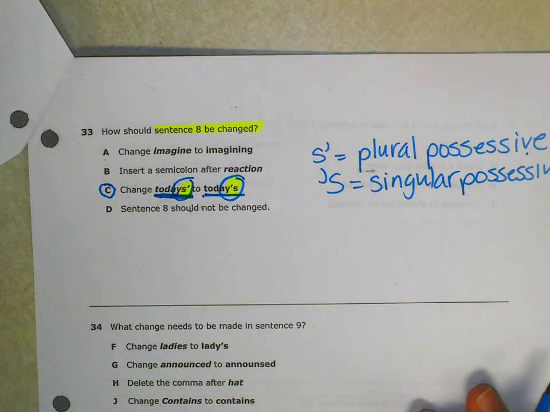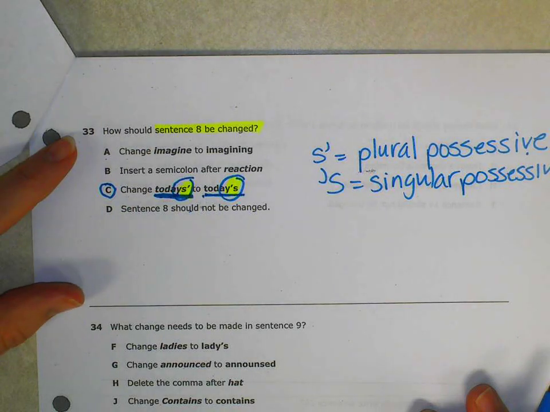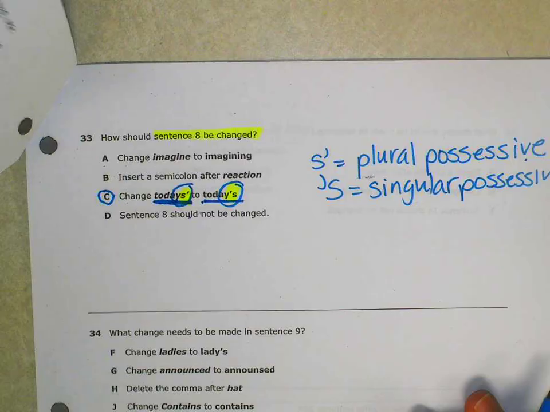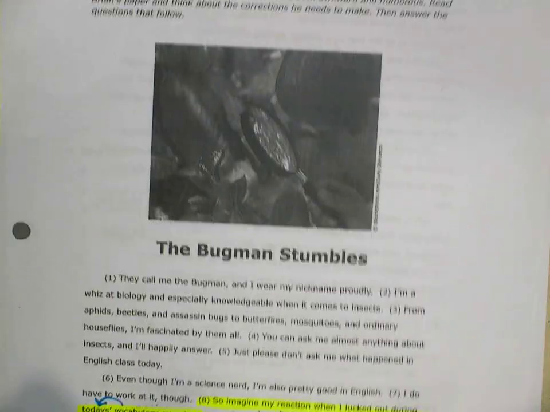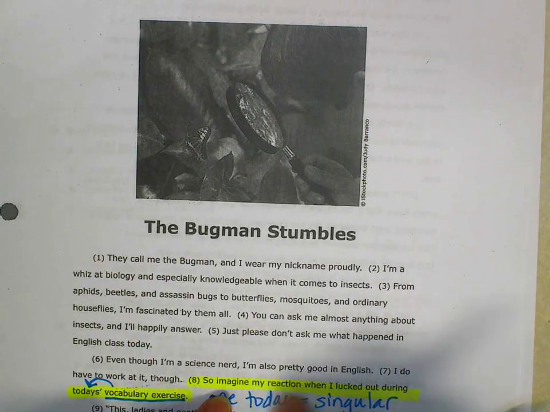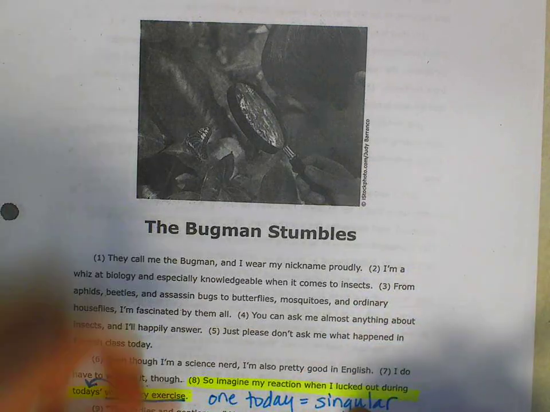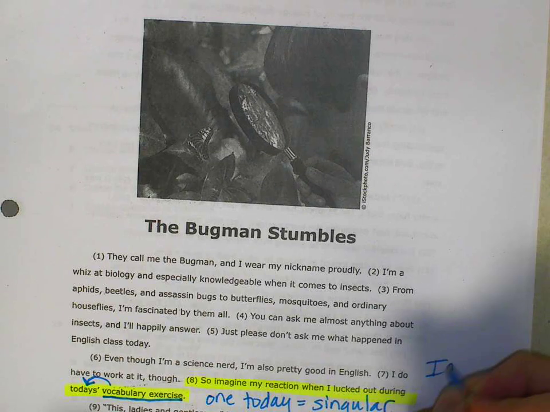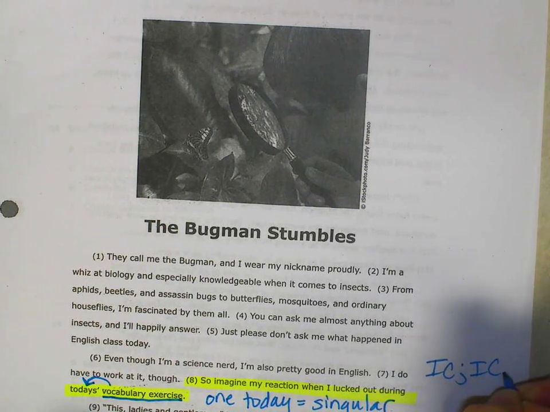Now I am going to also look at the other options here. Insert a semicolon after reaction. Let's look. So imagine my reaction. If I have a semicolon, my pattern is IC, semicolon, IC, period.